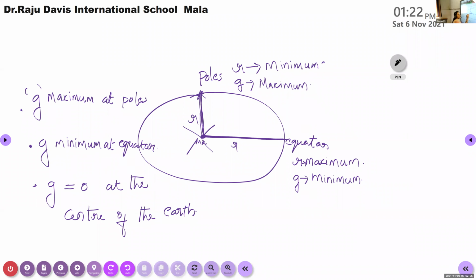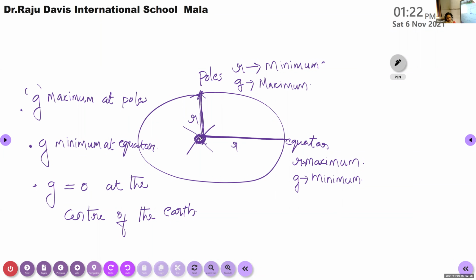So the net gravitational force acting on the center will be equal to 0, because the mass of the Earth is equally distributed in all directions. So these are some conclusions that we have drawn from this topic.